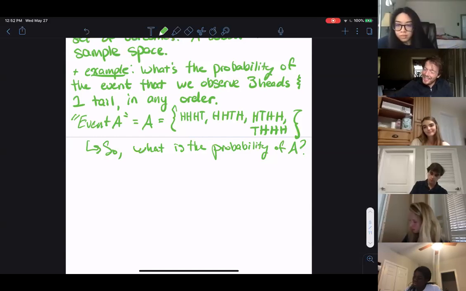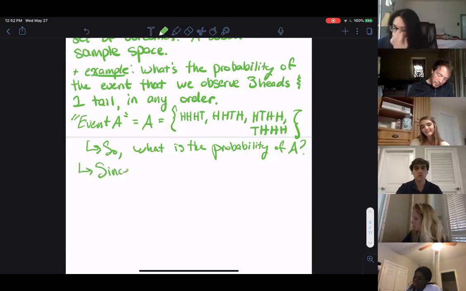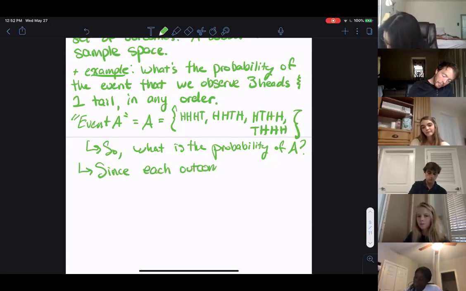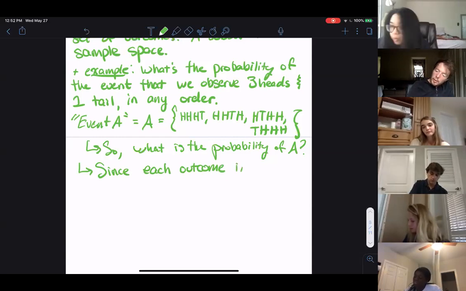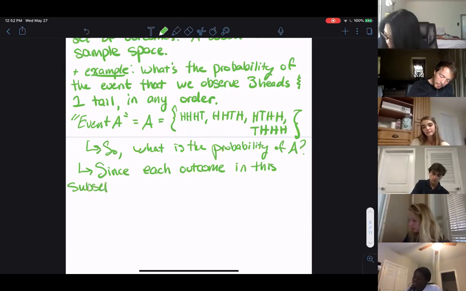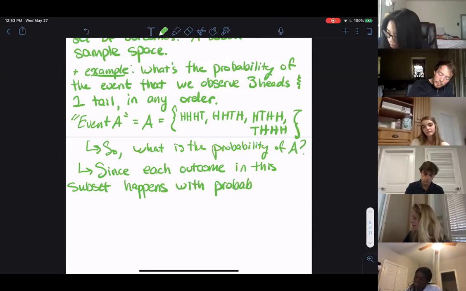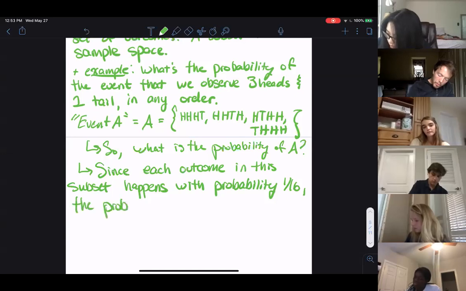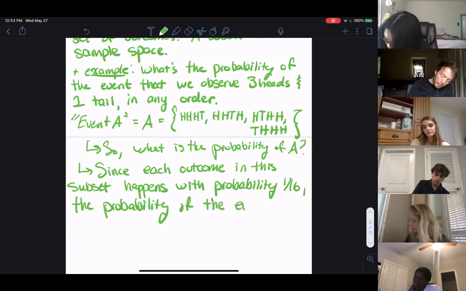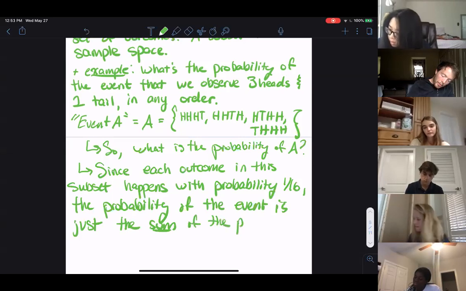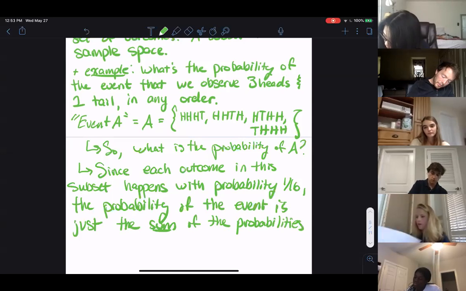I'll tell you. Since each outcome in this subset happens with probability 1/16, the probability of the event is just the sum of the probabilities of the outcomes.